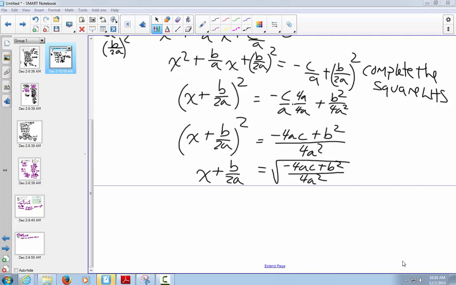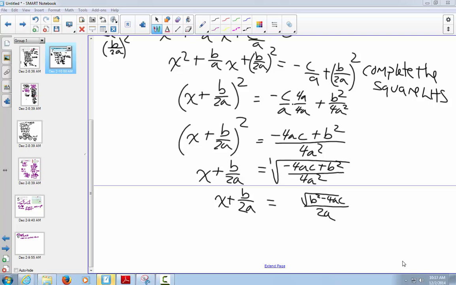I can't do anything to the top of that, but I can simplify the bottom. So I have the square root b squared minus 4ac over 2a. And that's all equal to x plus b over 2a.